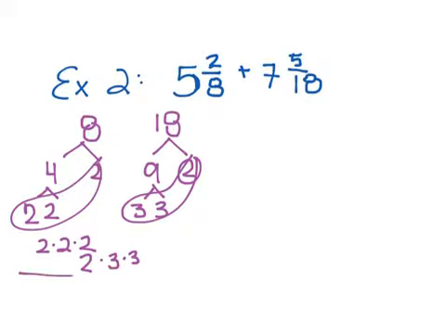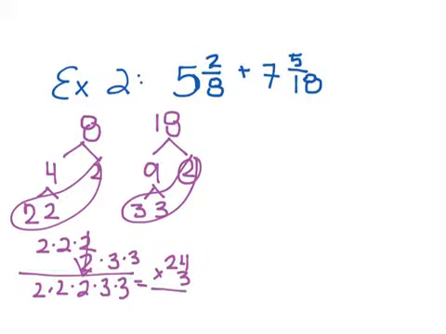So the common multiple of these is going to be 2 times 2 times 2 times 3 times 3. So that's going to be 2 times 2 is 4, 4 times 2 is 8, 8 times 3 is 24, and 24 times 3, that's going to be my least common multiple. This is going to give us 72.